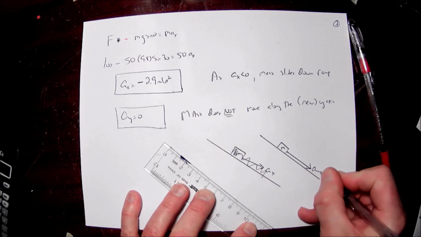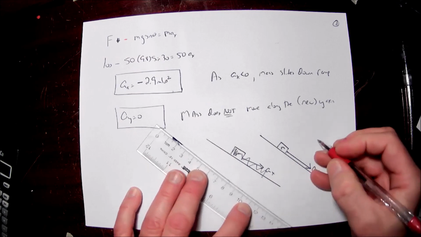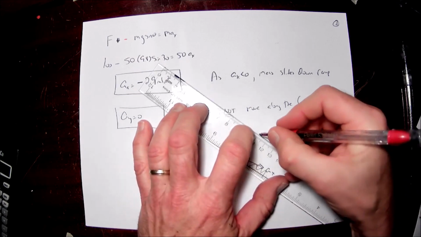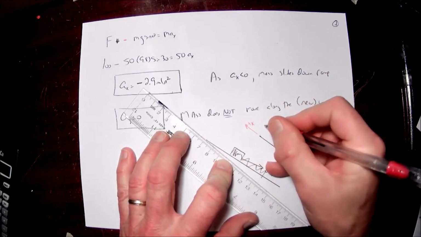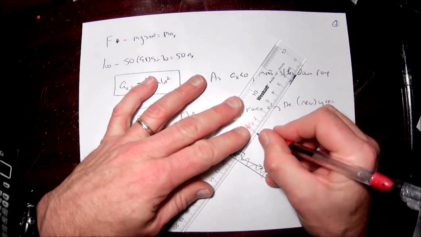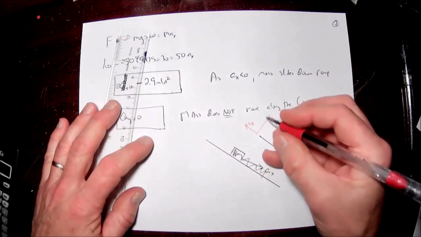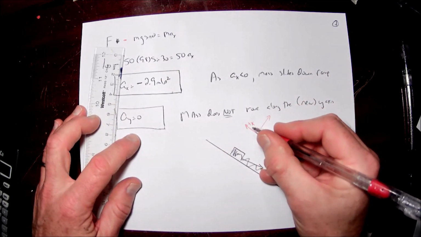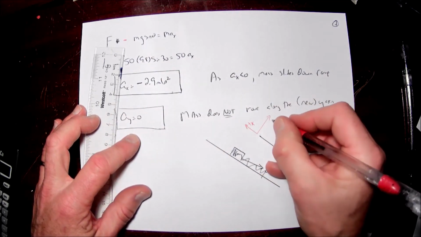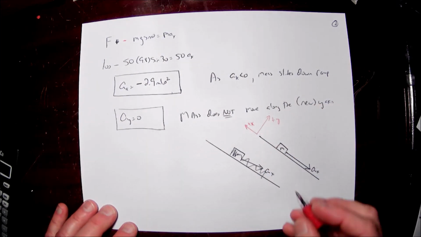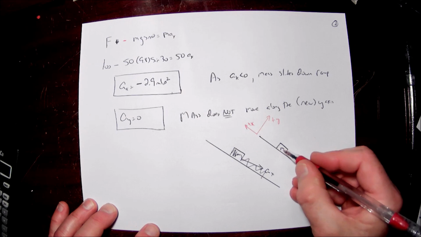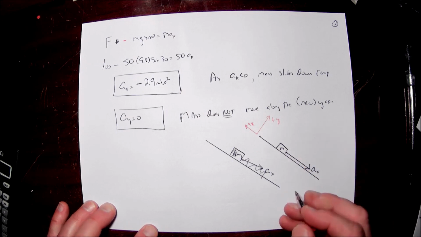So that's my AX pointing that way, where I've got a positive X going up the incline and a positive Y perpendicular to it. So the mass is sliding down, it's not going up or down.